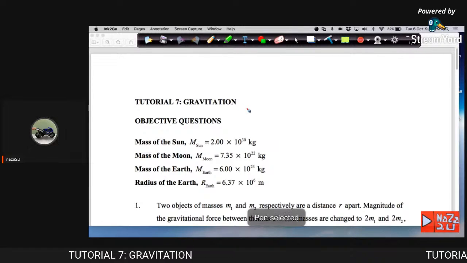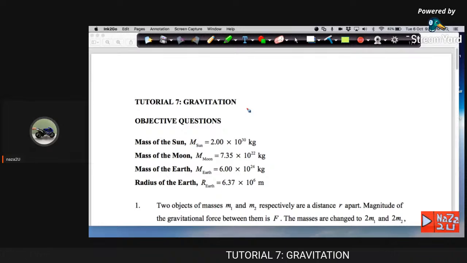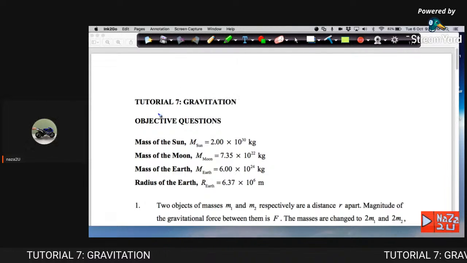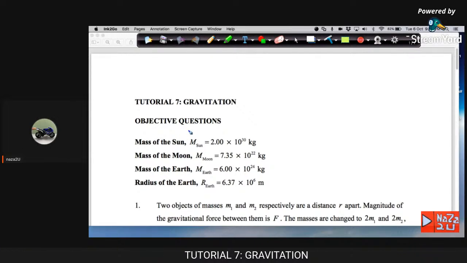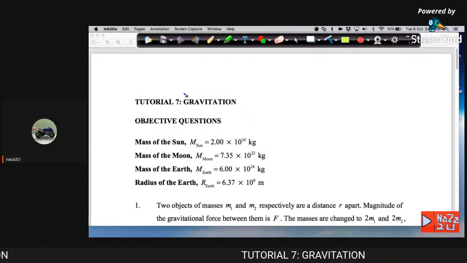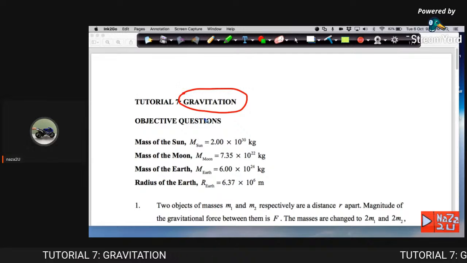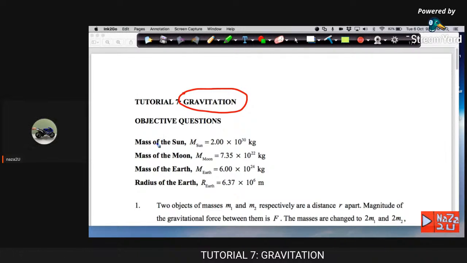Okay, first we start with the objective question. Right, objective question. So we have 5 objective questions for the chapter gravitation. We have a number of constants, right?